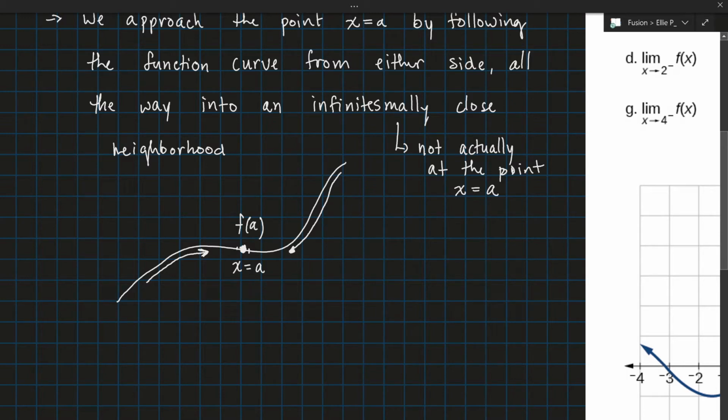So really all we care about is the behavior of the function as it approaches that point. And that's important because for some functions, it's not always going to be super clear what f of A would be if you just plugged in A.